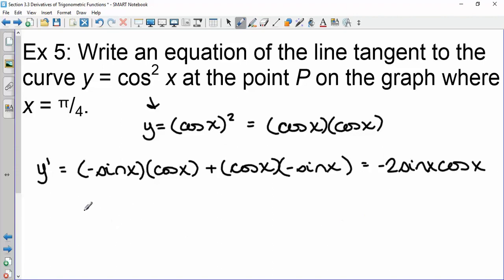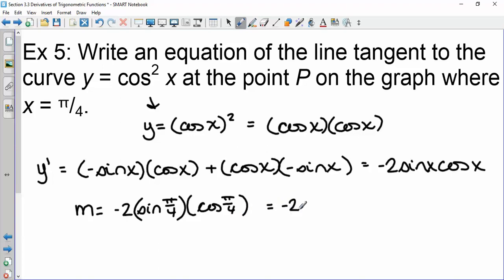So now to get my slope, we have to go ahead and plug our x in here. So we have negative 2 sine of pi over 4 cosine of pi over 4. What is the sine of pi over 4?